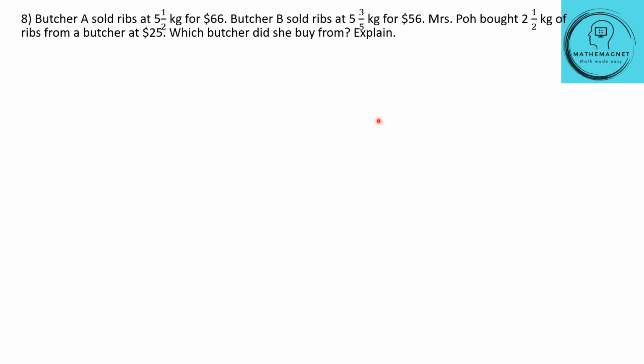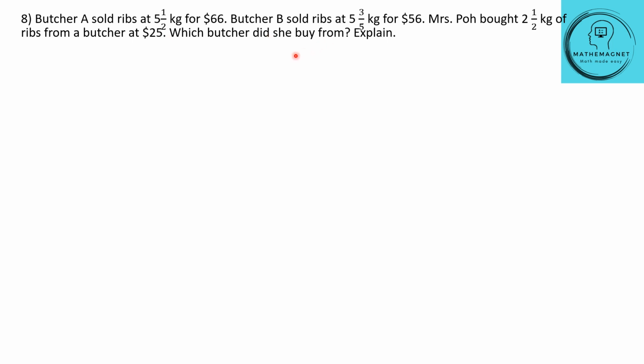Now from this question we understand there are two butchers, butcher A and butcher B. Butcher A has sold 5.5 kgs for $66, whereas butcher B has sold 3 by 5 kg for $56. And Mrs. Poe has bought 2.5 kg from either of these two butchers for $25.